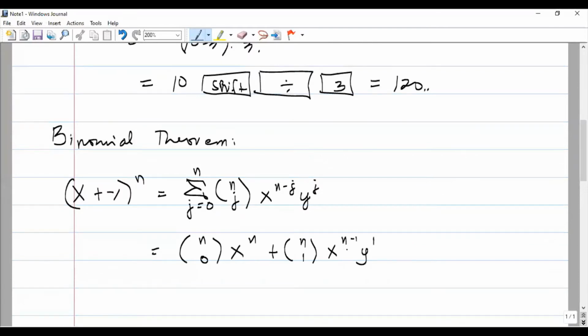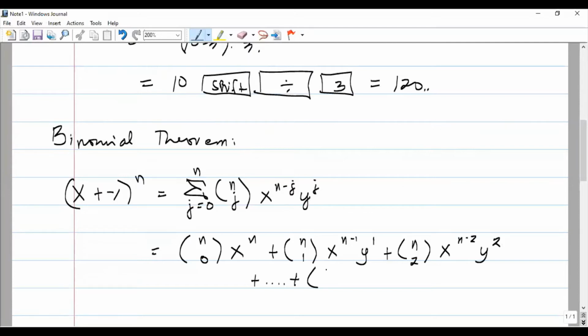Take note, our j is already equal to 1, plus the combination of n taken 2 at a time, of x raised to n minus 2, y raised to 2, plus, okay, that would be the same until we get the following terms.